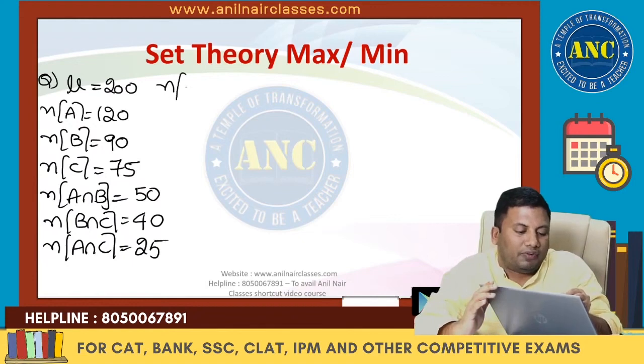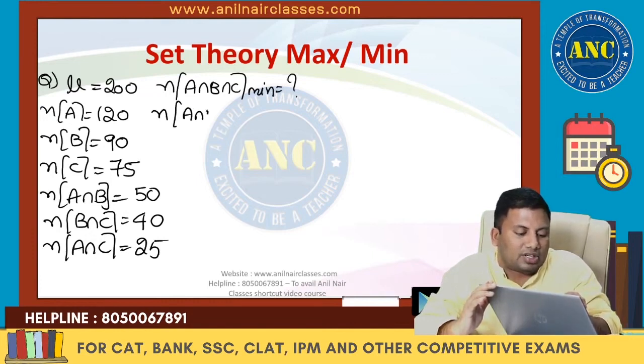So we need to find A intersection B intersection C minimum value and n of A intersection B intersection C maximum value.